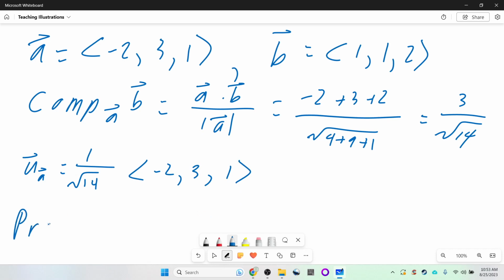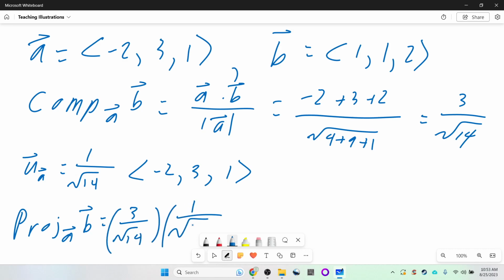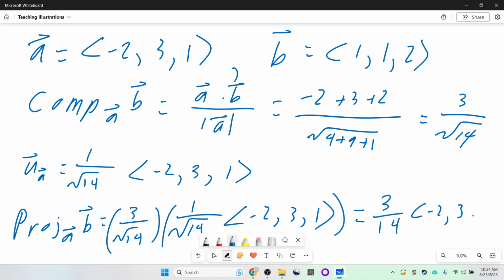So the projection in the direction of A times B is 3 over root 14 times 1 over root 14, negative 2, 3, 1. And this is in the form where this 3 over root 14 is the length, and this other piece is a unit vector. But if you want to combine it, you can make it 3 over 14, negative 2, 3, 1, which is a little cleaner. It doesn't have those square roots.